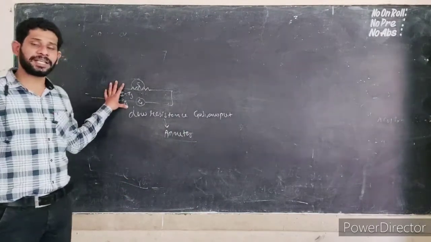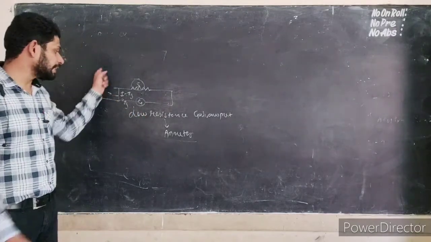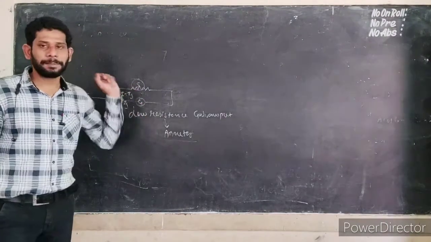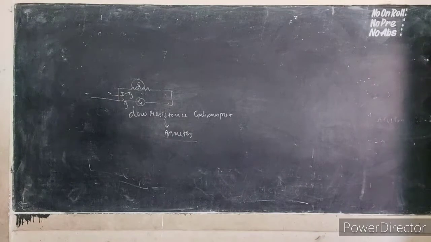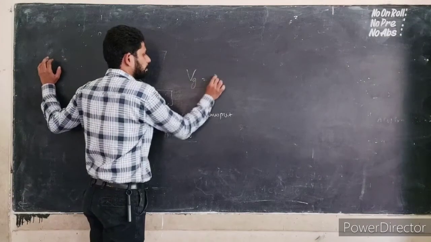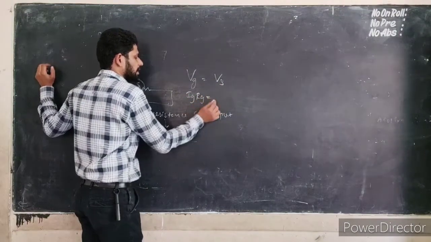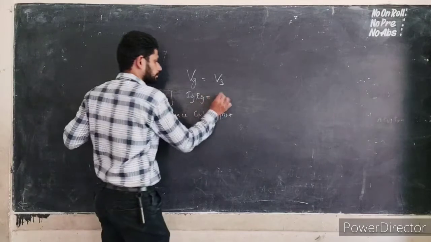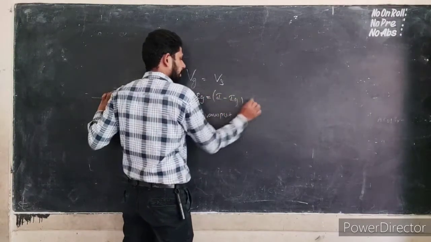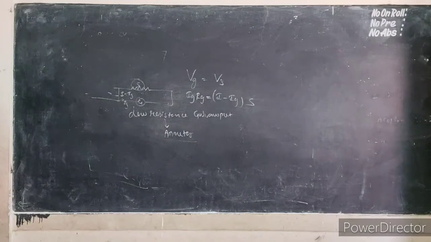When you connect that ammeter in an external circuit, you should connect it in series; internally, it is connected in parallel. What is the voltage across both sides? V galvanometer will be equal to V shunt. V galvanometer is nothing but Ig Rg. V shunt is nothing but (I minus Ig) times the shunt resistance S, which is a low resistance connected in parallel to the galvanometer.